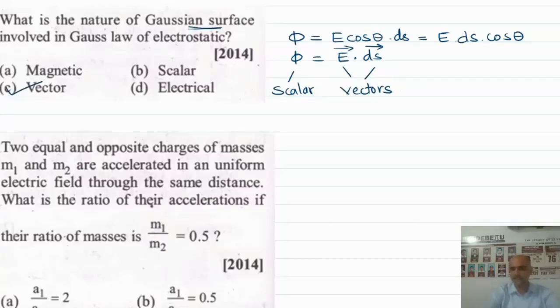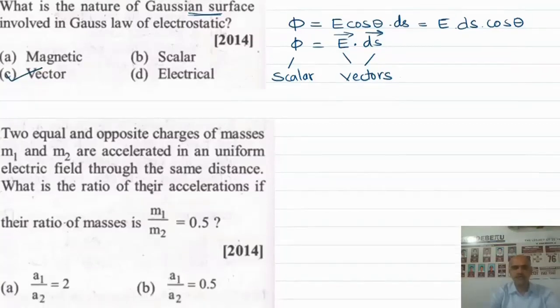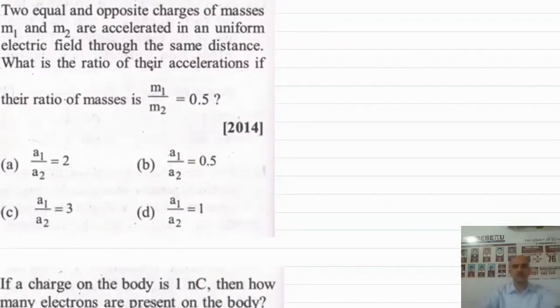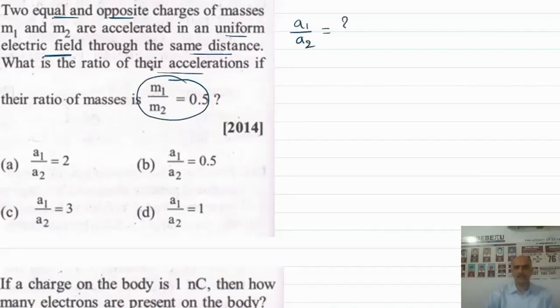Clear? Next, two equal and opposite charges of masses m1 and m2 are accelerated in a uniform electric field through the same distance. Ratio of their mass is given. You are required to find the ratio of their acceleration, means a1 by a2. In a previous problem, from Newton's second law, F is equal to ma, we write it as a is equal to F by m.